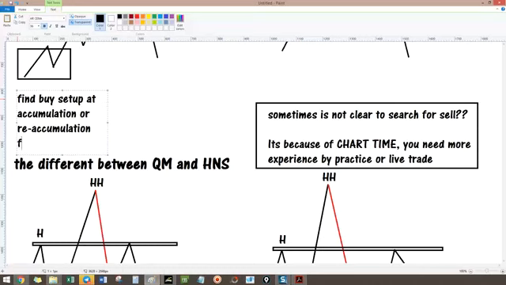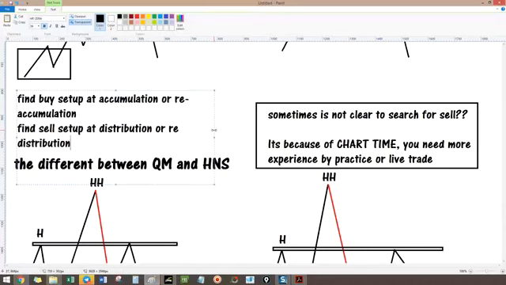Find sell setup at distribution and redistribution.